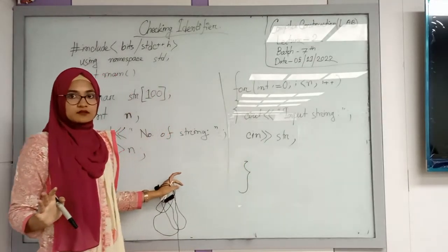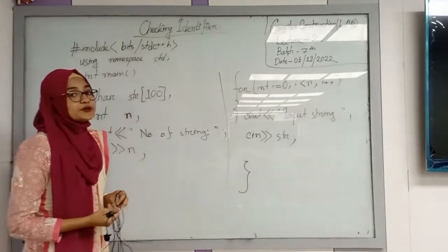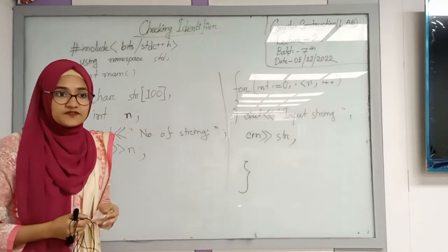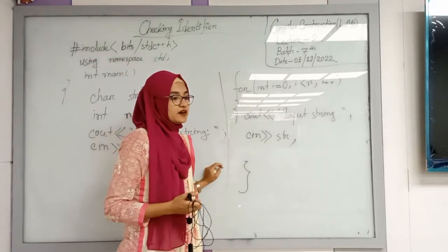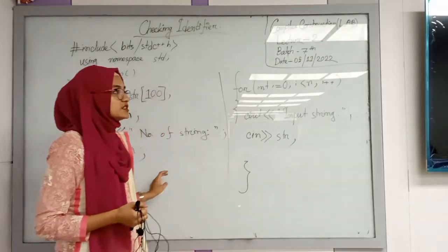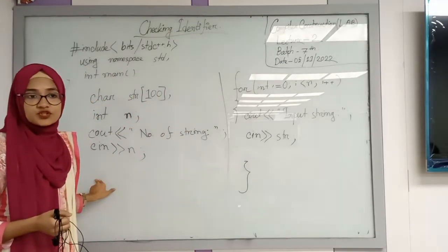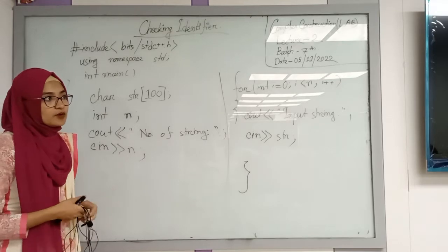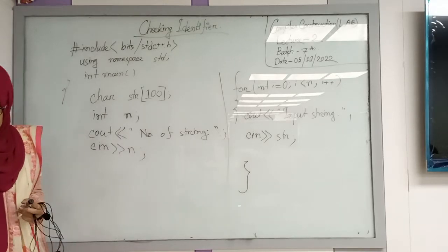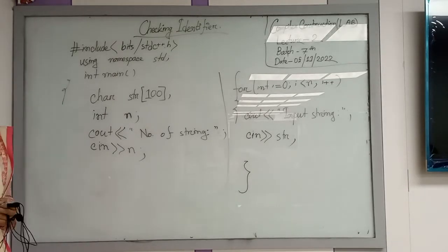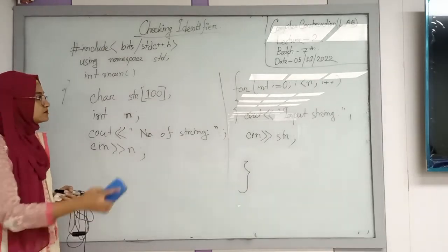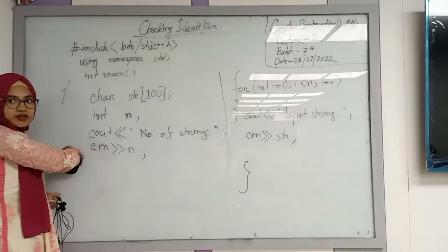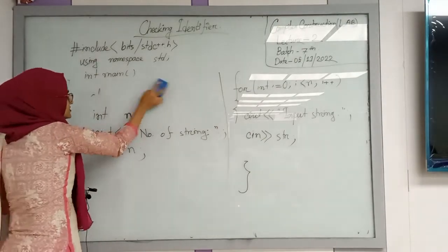Okay. Now we need to check whether it is an identifier or not. We just need to check the identifier. For that purpose, we need to use the conditions which we have learned. Like, what are the conditions for being an identifier? You have written this, right? Okay, I can erase this one.